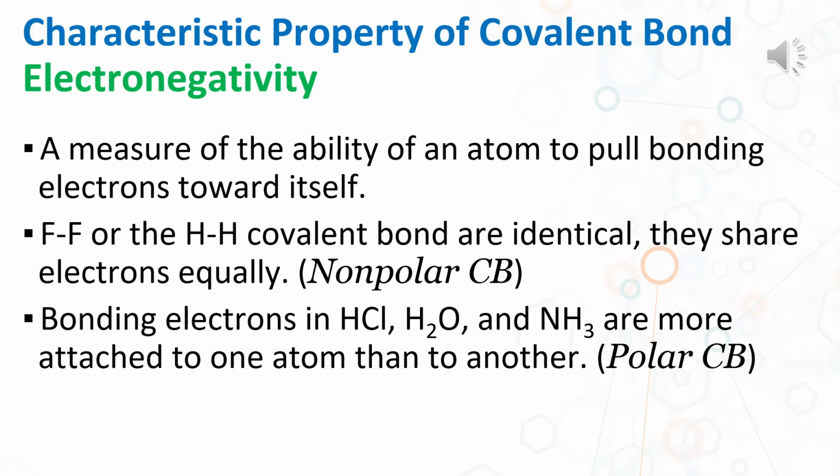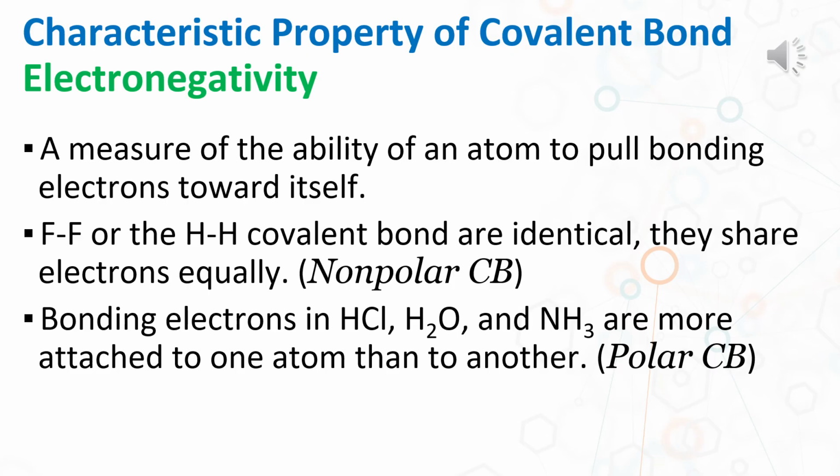Characteristic property of covalent bond, we have the electronegativity. So, electronegativity is defined as the ability of an atom to attract electrons towards itself. For example, for the bonds between identical atoms like fluorine bonded with fluorine or hydrogen bonded with hydrogen in single bonds, they are nonpolar because they share the same electrons since they are the same elements.